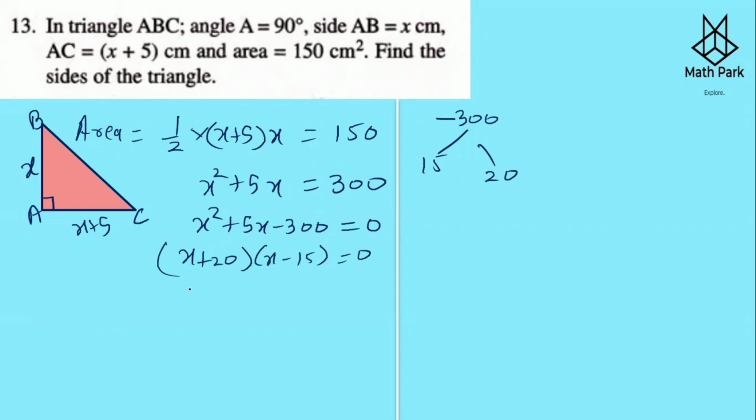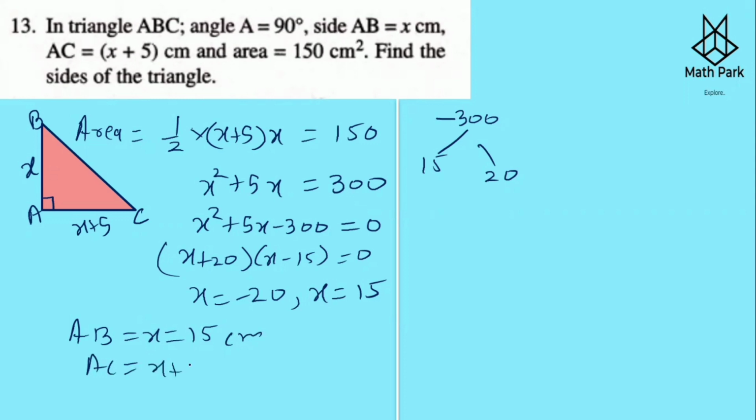So if x plus 20 is equal to 0, you get x is equal to minus 20. If x minus 15 is equal to 0, you get x is equal to 15. Since the side cannot be negative, we get AB is equal to x, which is 15 centimeter. And you get AC is equal to x plus 5, which is 15 plus 5, that is 20 centimeter.